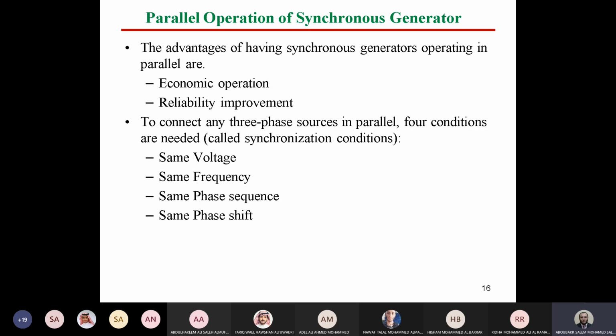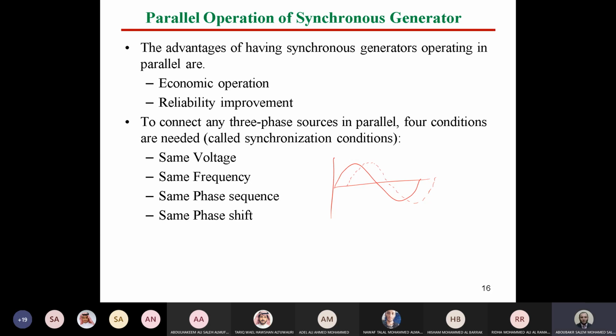How can we connect generators in parallel, guys? Now, if we can imagine, this is the sinusoidal waveform of the generator, and assume we have another sinusoidal waveform for the grid.